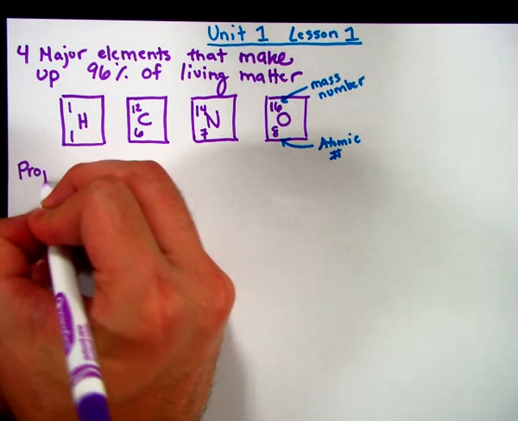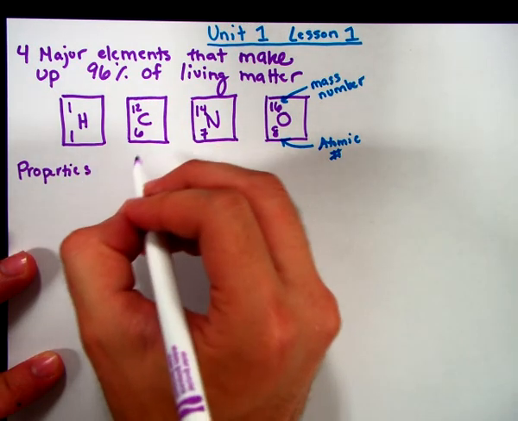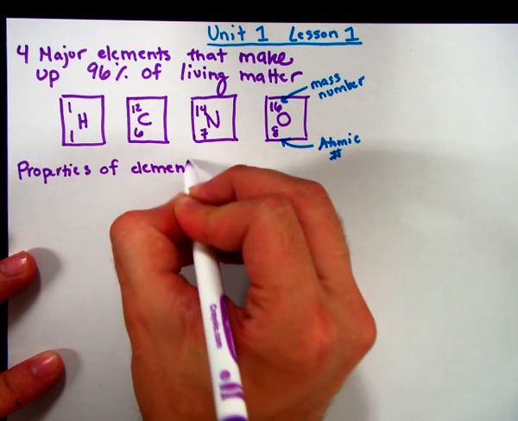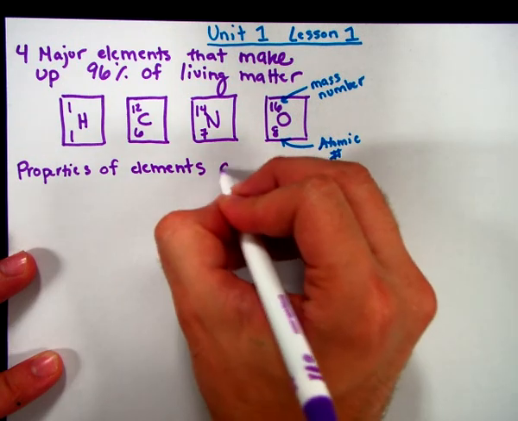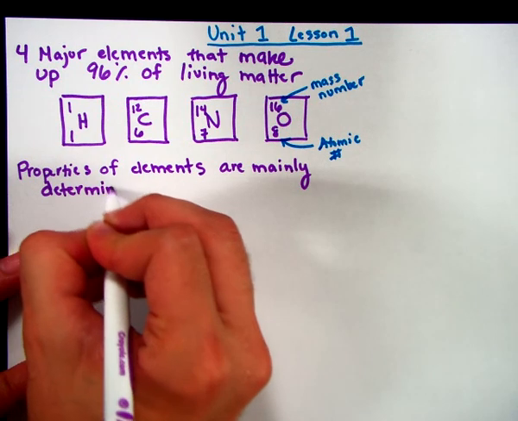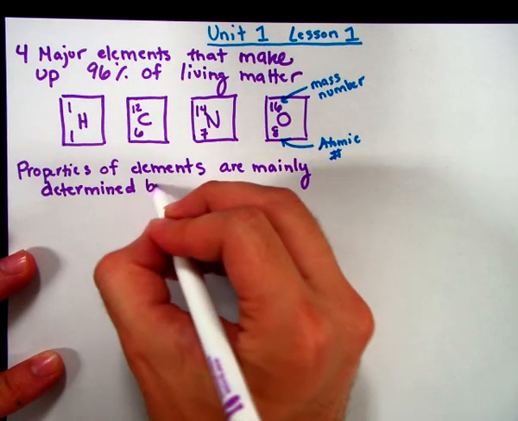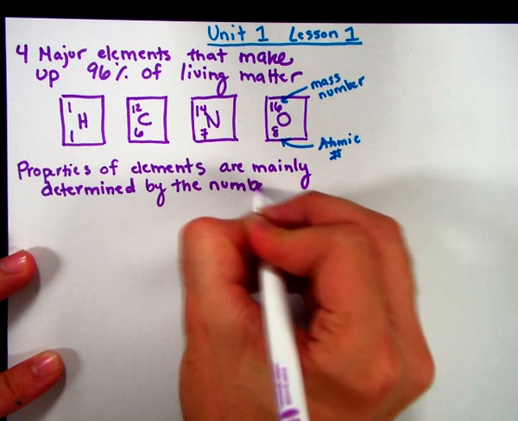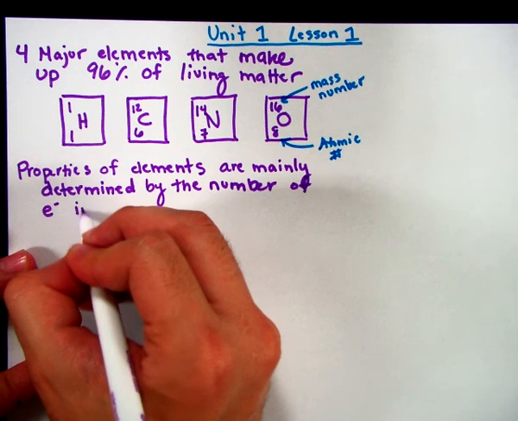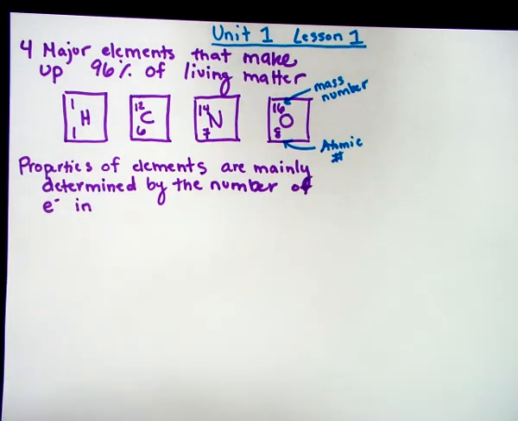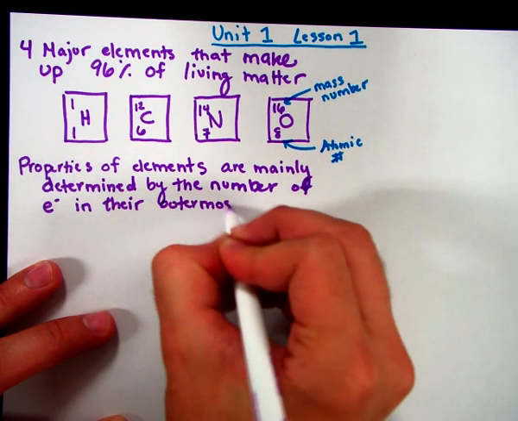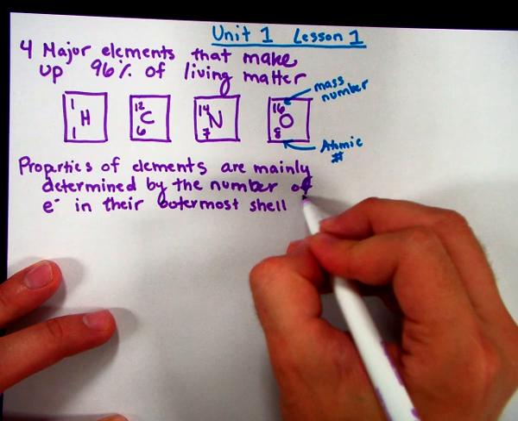We also learned that the properties of elements are mainly determined by the number of electrons in their outermost shell. What we call their valence shell.